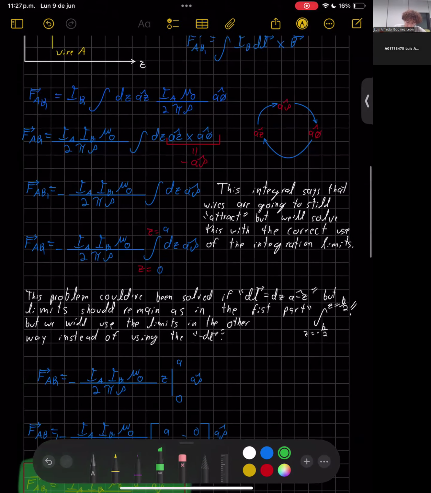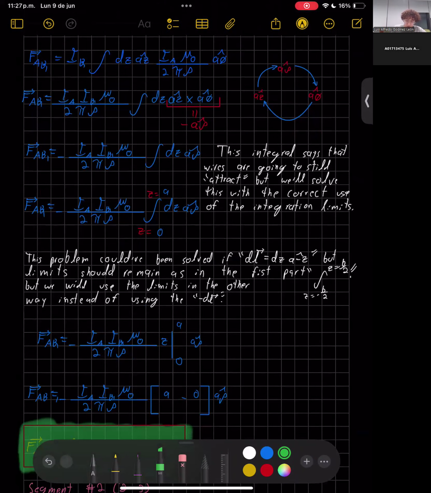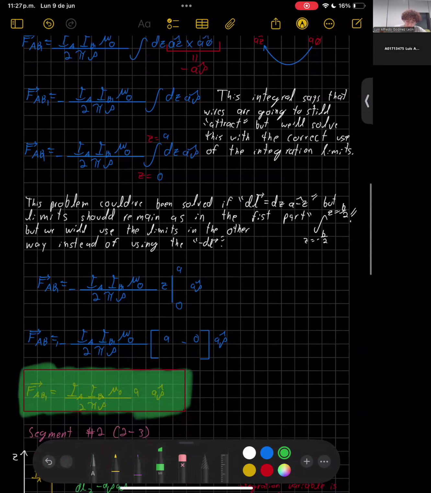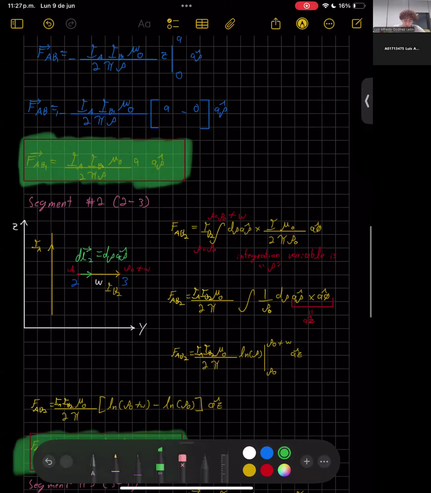So that's what we're going to rearrange over here with the integration limits that are going to give us the final equation positive. So it tells us that the current is going in the opposite direction of the current of the infinite wire. We could have also solved it with the differential of line negative, but I prefer to use the integration limits the other way around to have it negative.